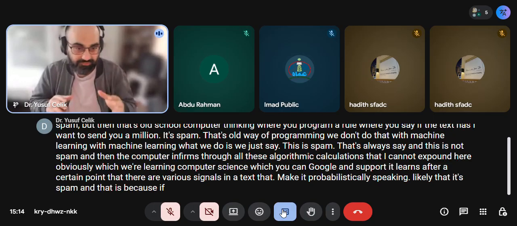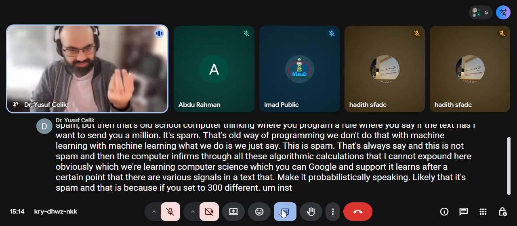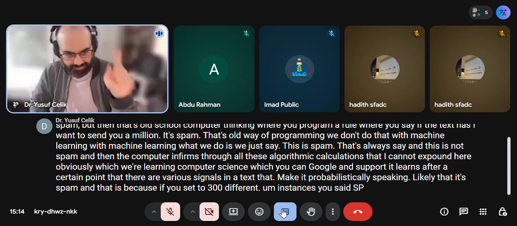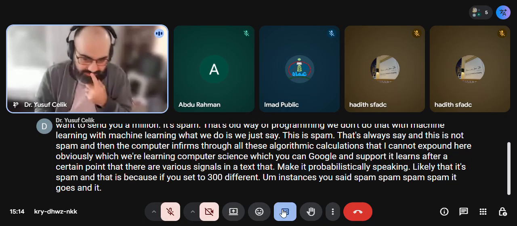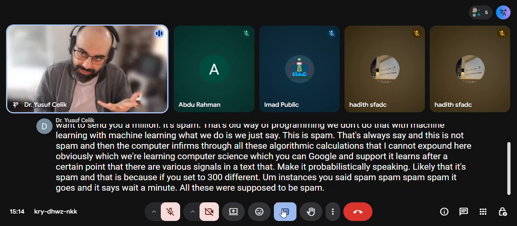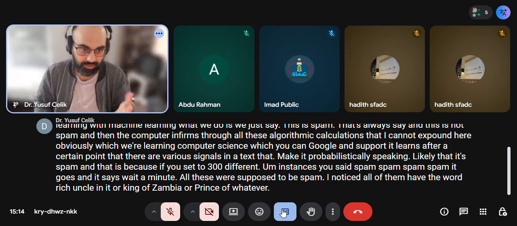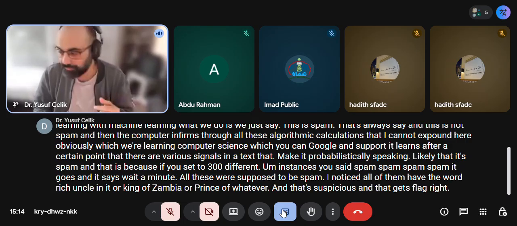And that is because if you said to 300 different instances, spam, spam, spam, it goes and says, wait a minute, all these who are supposed to be spam, I notice all of them have the word rich uncle in it, or king of Zambia, or prince of whatever. And that's suspicious. And that gets flagged, right?